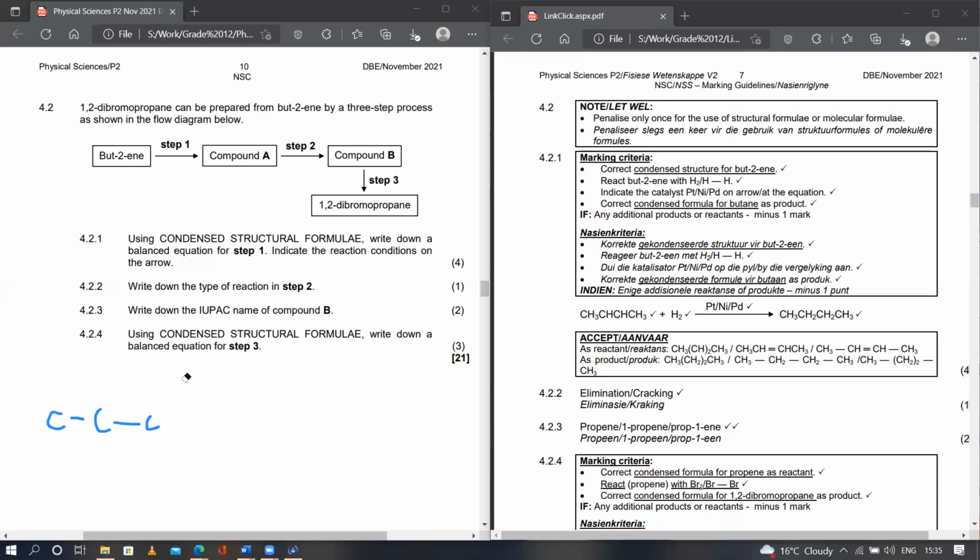Let me just write it in this form. That's gonna be C4H, that's gonna be 8 plus 2. That's gonna be split into C3, this is H8.